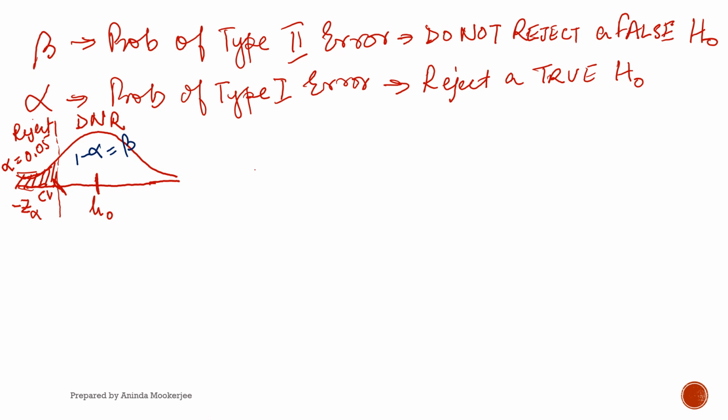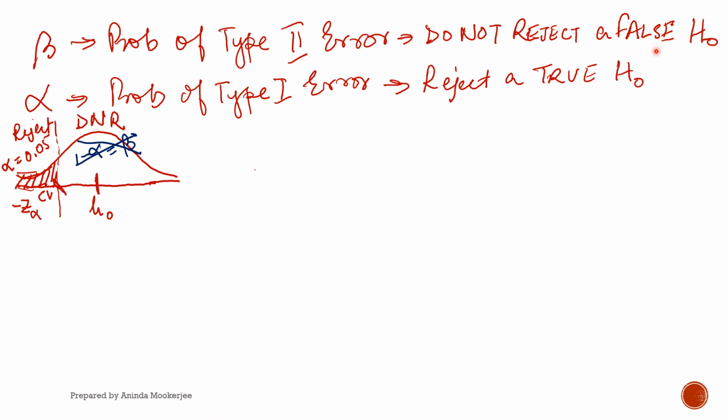You cannot find beta from the same figure with which we perform our hypothesis test. This is a complete no-no. This is incorrect, all right? Why so? Because let's look at the definition of beta. It says the type 2 error is not rejecting a false null hypothesis.